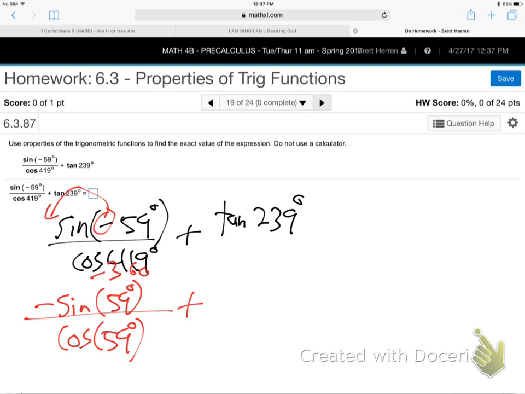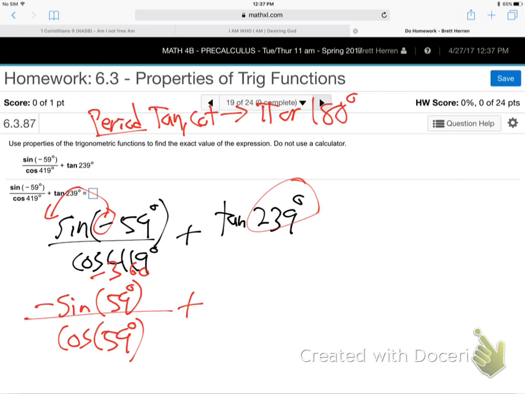Now, this is tangent of 239. That's weird. What are we going to do with that? We can't subtract 360. Well, we could, but I'm not going to go that way. Remember the periods? I wrote them up today. What's the period of tan and its upside down cotan? Pi or 180. And what's the period of the other 4, sine and its upside down cosecant, or cosine and its upside down secant?